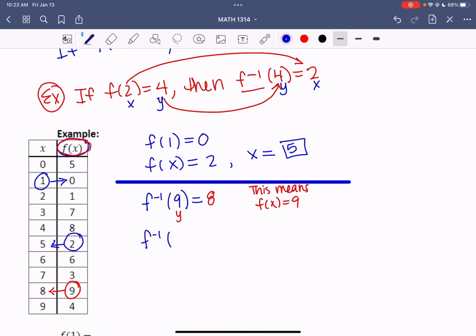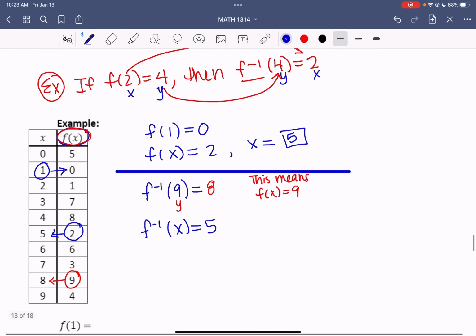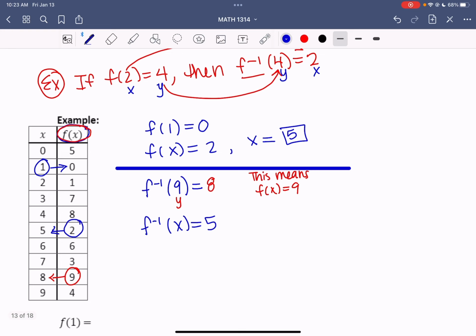We'll do another one. What is f inverse of x equal to 5? Now they are going to switch up their variables, and they're going to call it x, because up here in our definition, we were talking about f inverse of x. But in relation to the original function, that was a y value in the original function, and this was an x value.